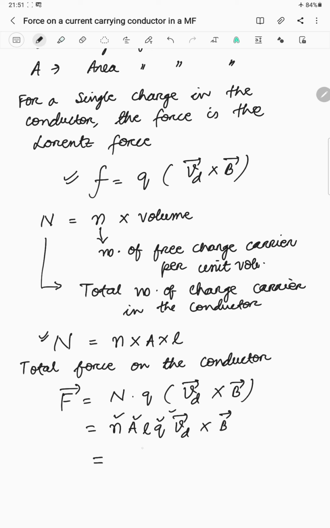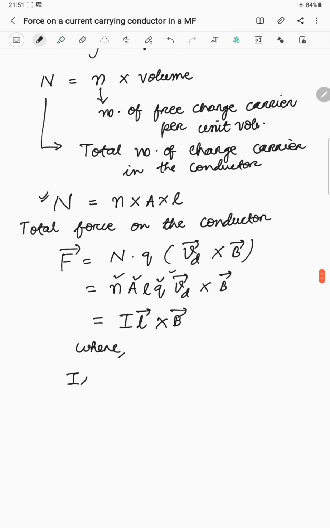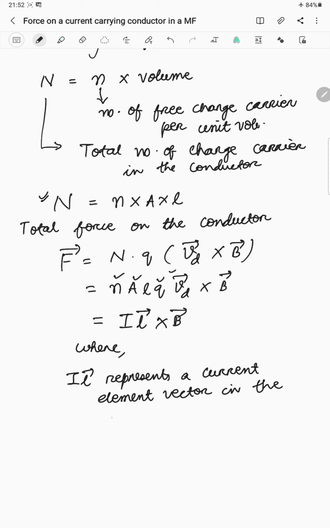So now I can write this as I L vector cross B vector, where I L vector represents a current element vector in the direction of current.